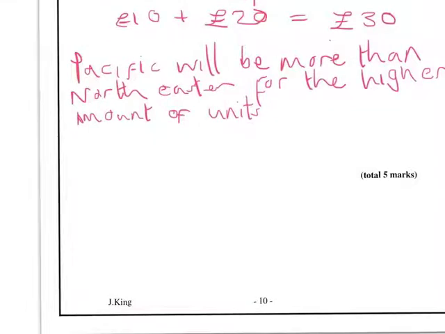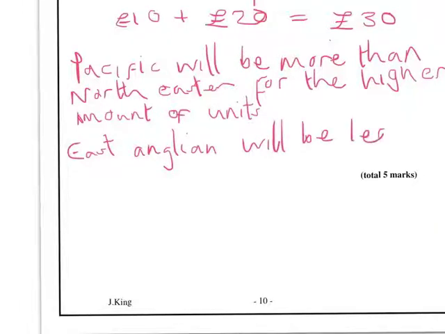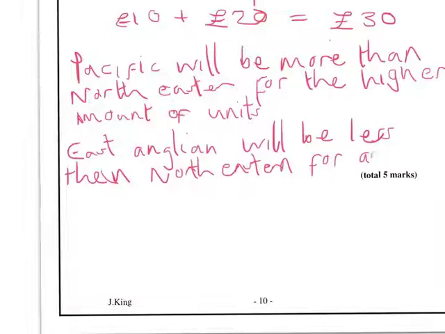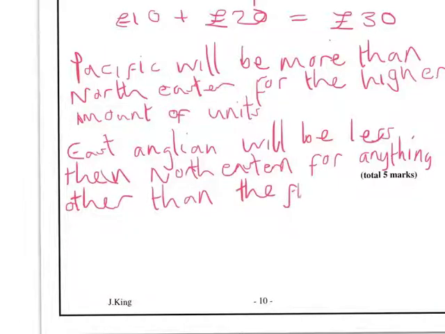So East Anglian will be less than North Eastern for anything other than a full 200 units.